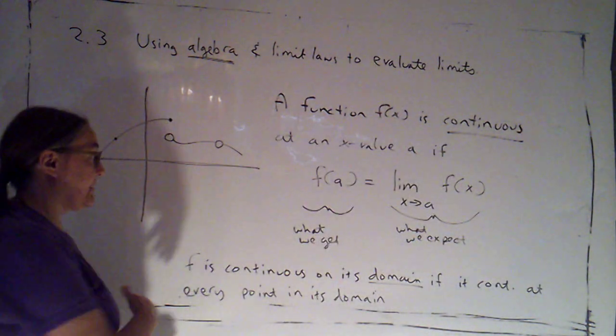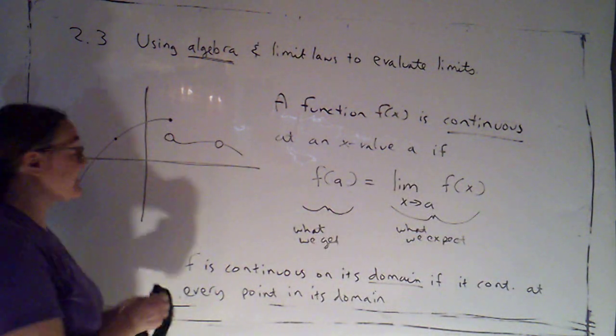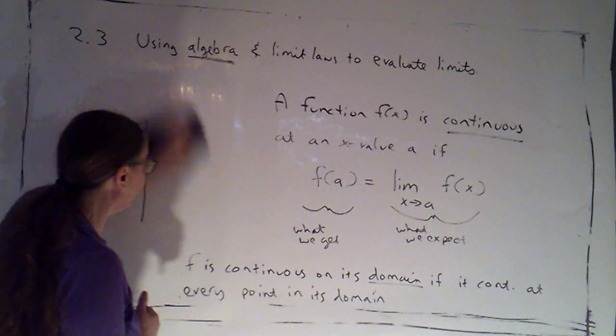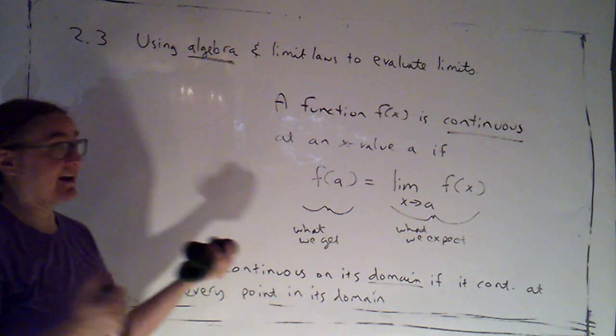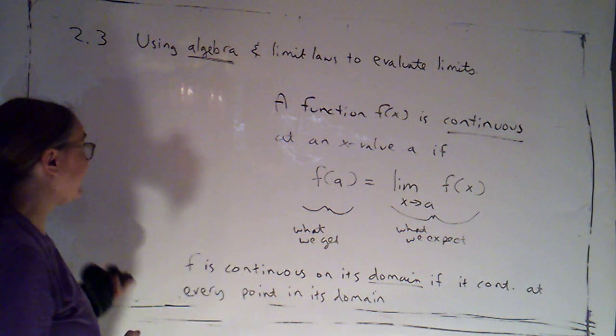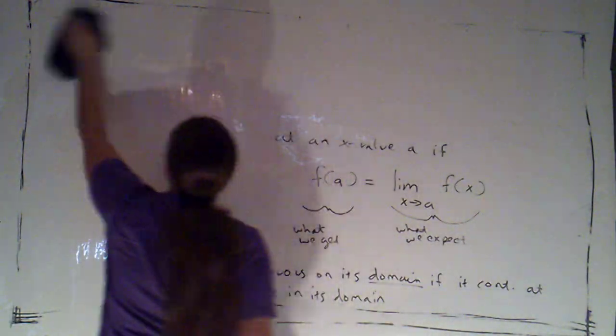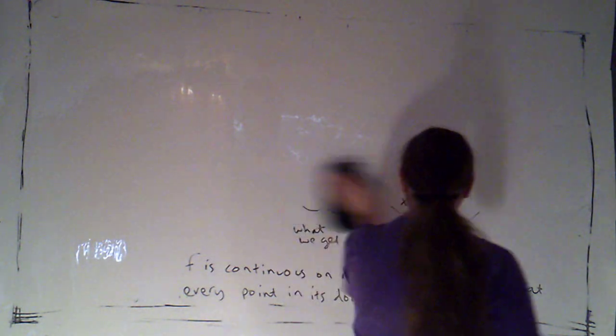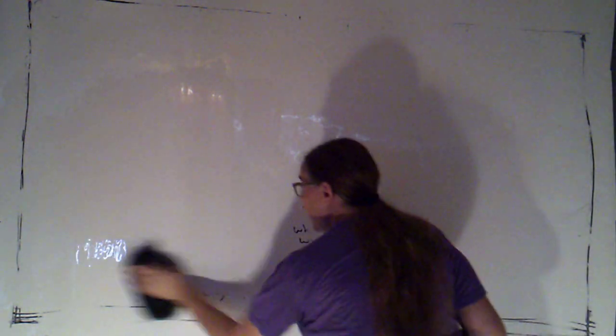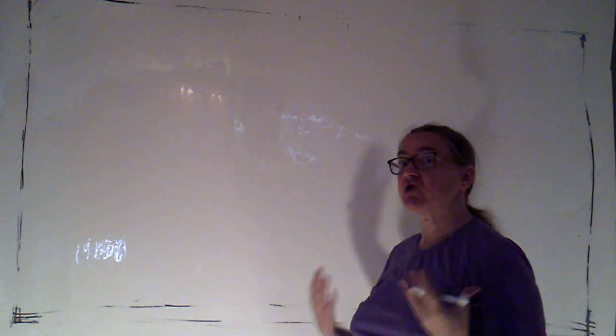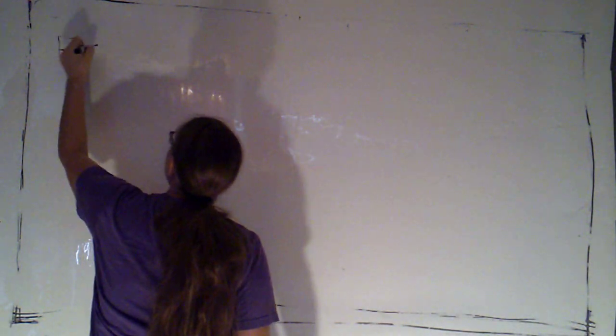Now, that means if I have a continuous function on its domain, and I'm working at a point in its domain, I'm going to evaluate the limit by plugging in. So, that would make it really useful to know what sorts of functions are, in fact, continuous on their domains. And I'm just going to state two really important facts. Fact 1.